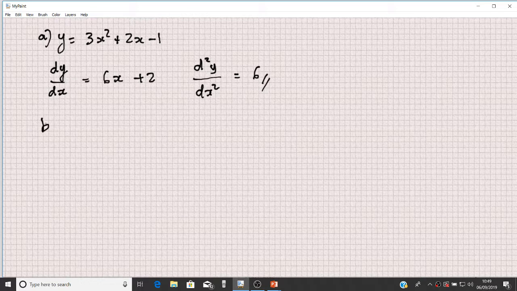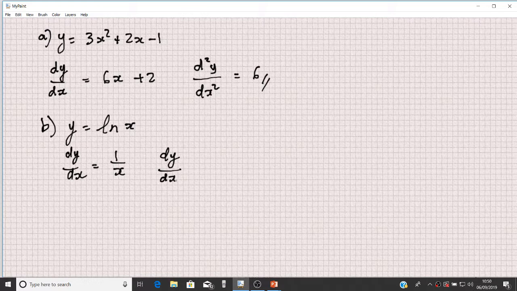The second example, b, we were given y equals ln x. We know from our formula book that dy/dx, the first derivative, equals 1 over x. It's a special case that's in the formula book. Now if we want to get the second derivative, d2y/dx squared, we need to rewrite the dy/dx in a form where we can use the power rule: x to the power of minus 1.